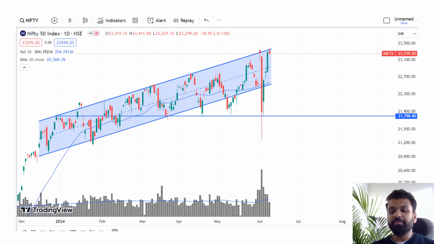Now coming to the Nifty analysis, the Nifty is actually taking resistance at the parallel channel top, right?